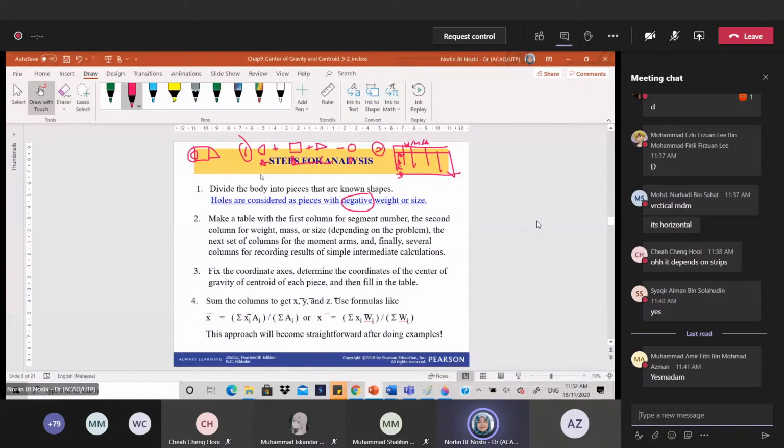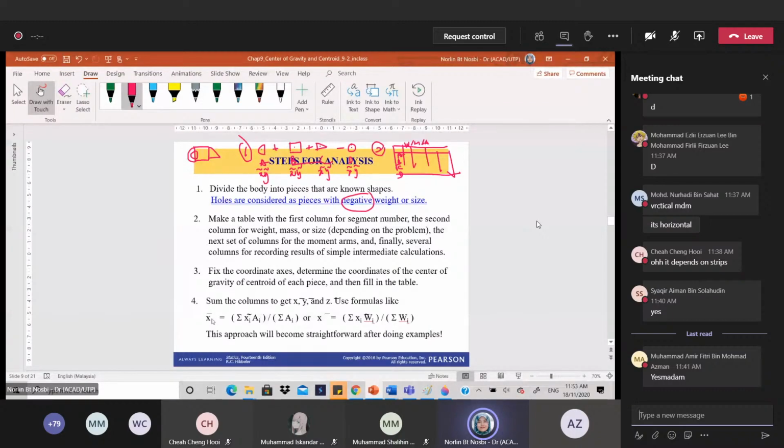You need to find the x tilde, y tilde for this shape, and then for the square you need to find the x tilde, y tilde, and for this triangle you need to find the x tilde and y tilde, and then for this hole you need to find the x tilde and y tilde. What are x tilde and y tilde? It is the center point for each shape.